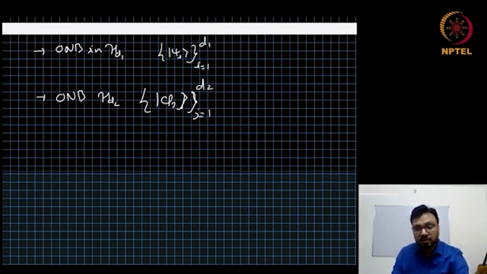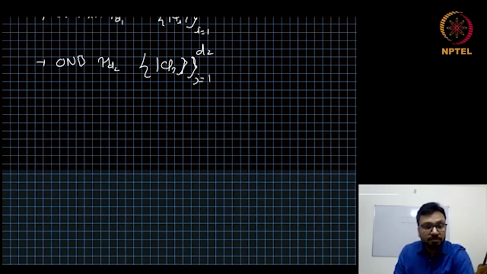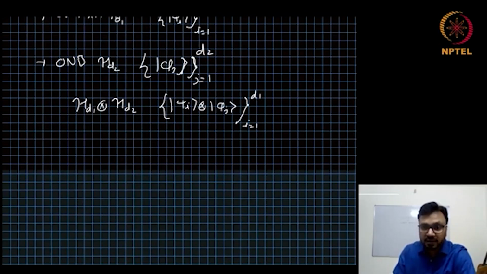Now the basis for HD1 tensor HD2 will be psi i tensor phi j, where i is from 1 to D1 and j is from 1 to D2.